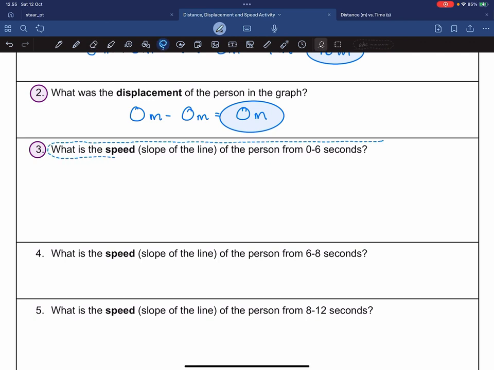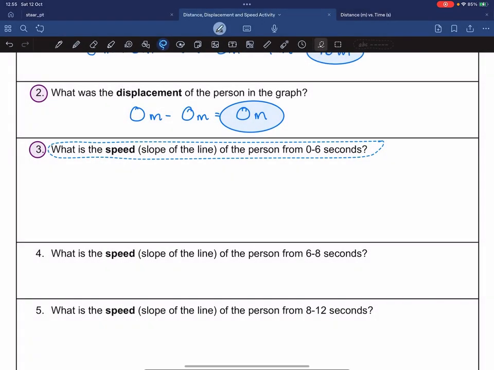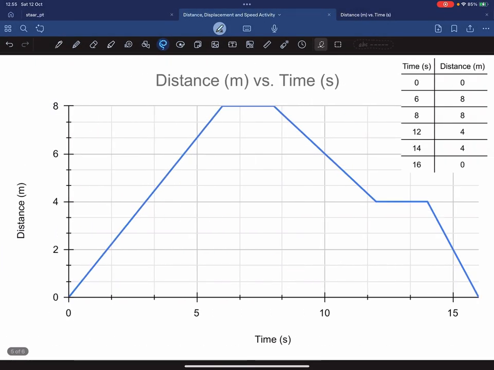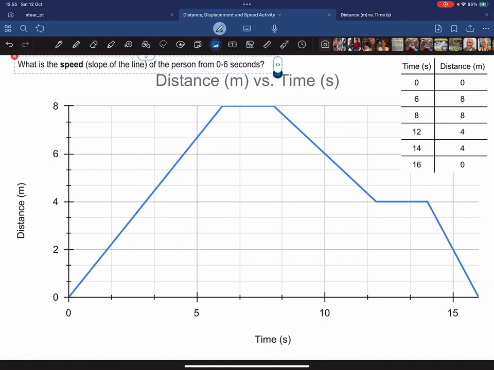What is the speed, the slope of the line of the person from 0 to 6 seconds? All right, let's make it a little bit bigger so we can see it. There we go.